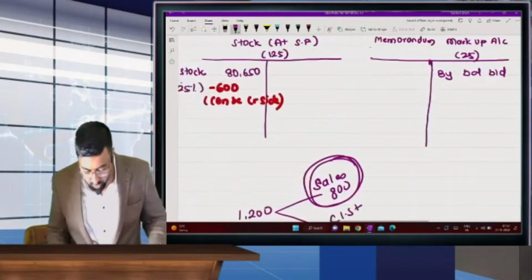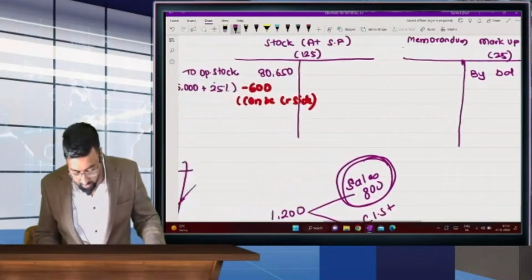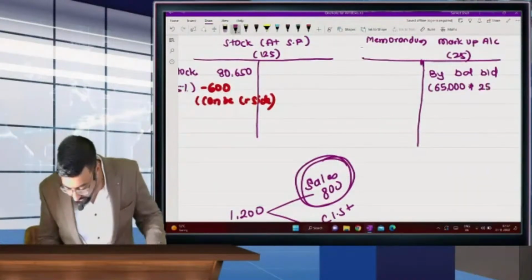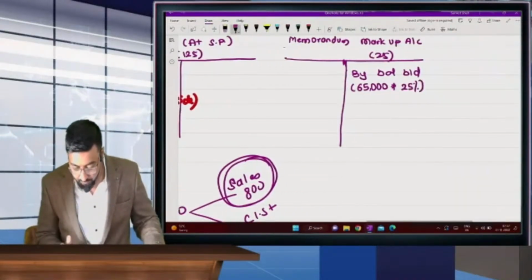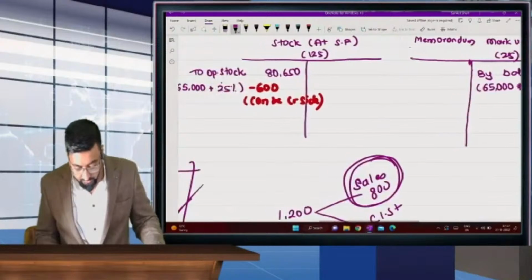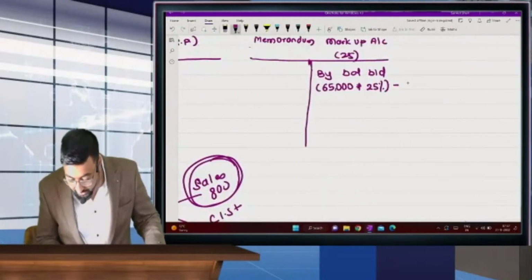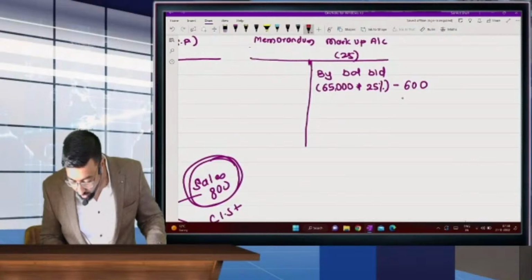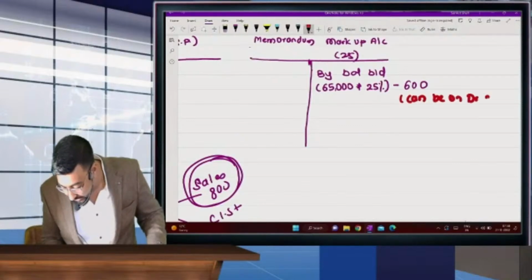This is the opening stock. So balance brought down, that 65,000 into 25%. So that is a loading, beta. Minus 600. So the second effect, or option 2, can be on the debit side.